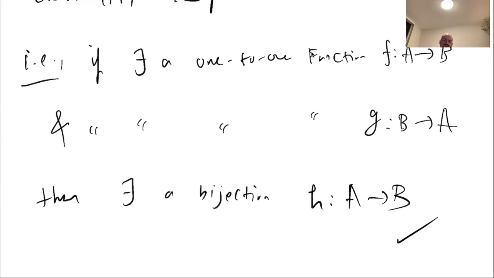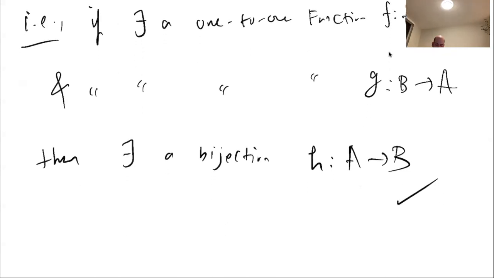So this theorem suggests one way to prove that two sets have equal cardinality: by showing that the cardinality of the first set is less than or equal to the cardinality of the second set, and also the cardinality of the second set is less than or equal to the cardinality of the first set.